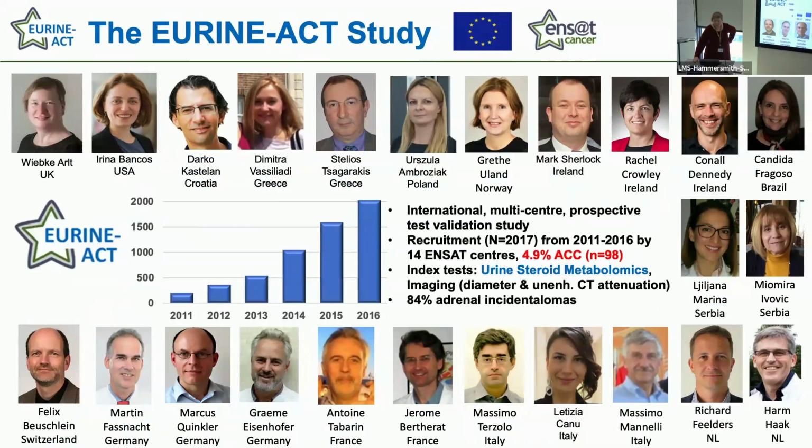And it was an absolutely mega effort. And we had a 4.9% ACC rate, which John Deeks okayed, close enough to 5%. So we were fully powered and could answer questions.